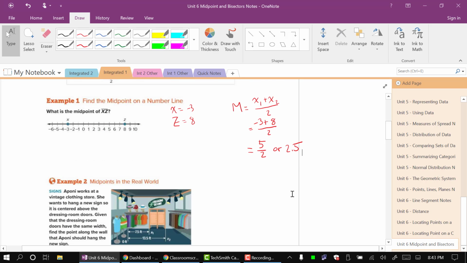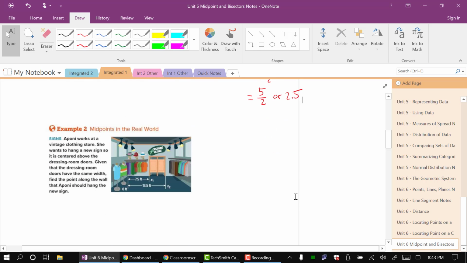Let's take a look at number 2. Given that the dressing room doors have the same width, find the point along the wall where we can hang our new sign. So we have that x1 equals 7.5. We have that x2 equals 13.5.